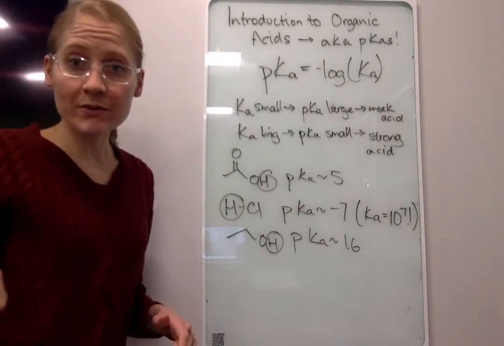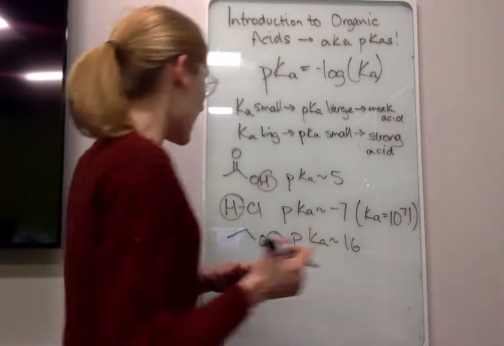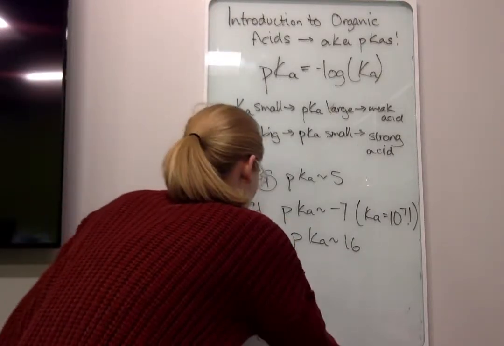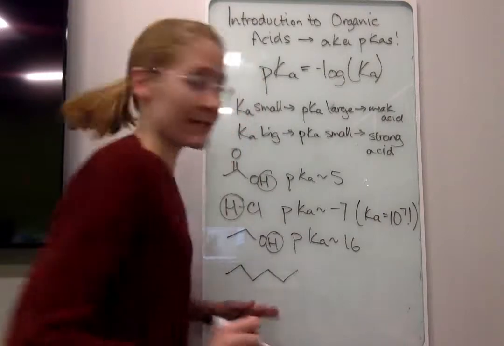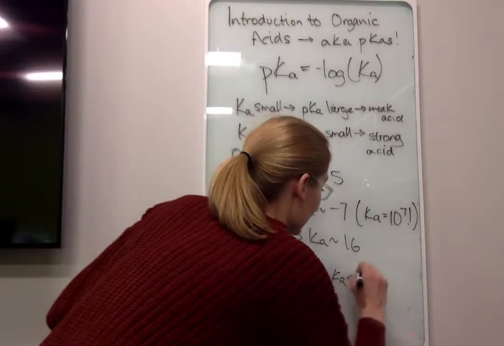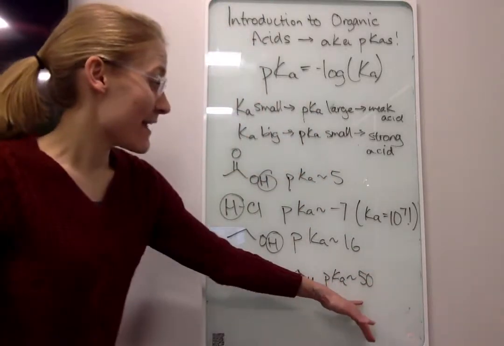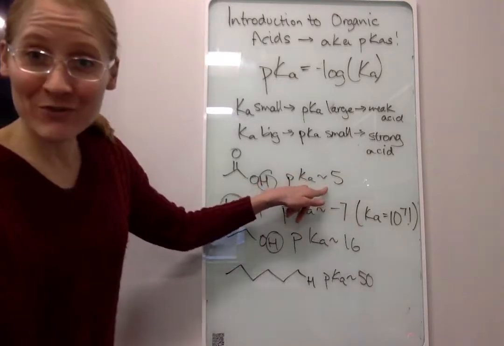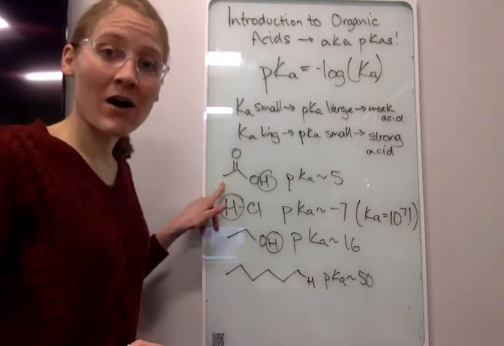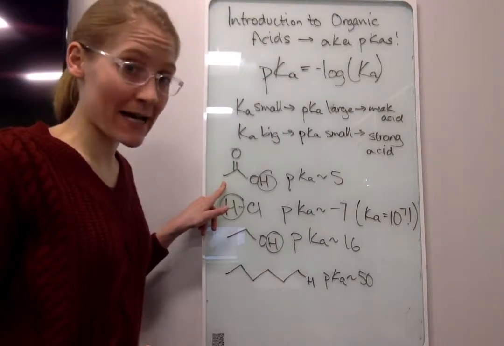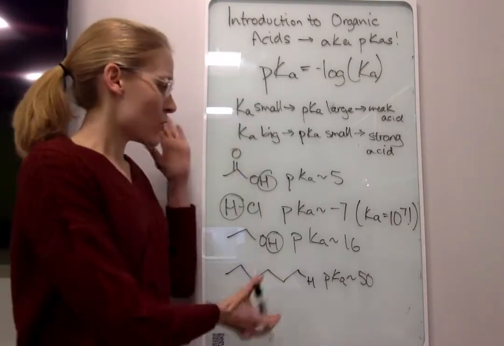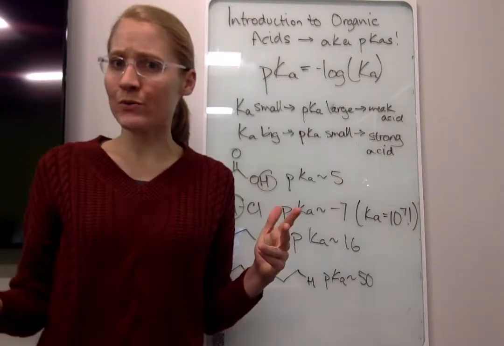And water also is going to be right around there. And if you look at, say, an alkane, something like hexane, this hydrogen here is going to have a pKa of like 50. So that means that it is 45 orders of magnitude less likely to lose that proton than our carboxylic acid, acetic acid.